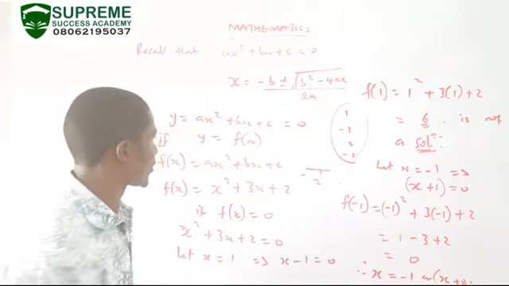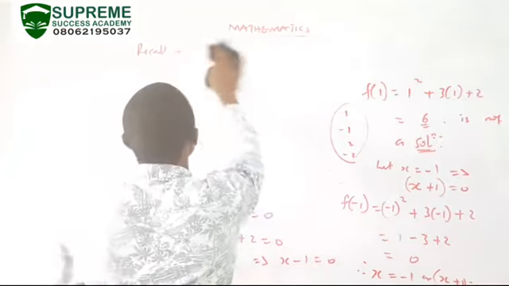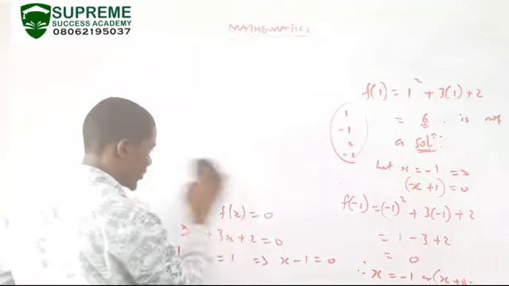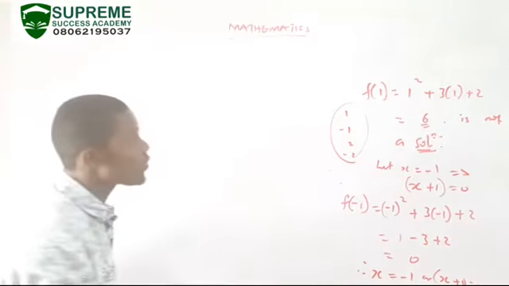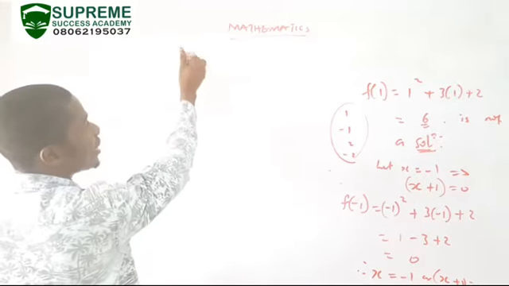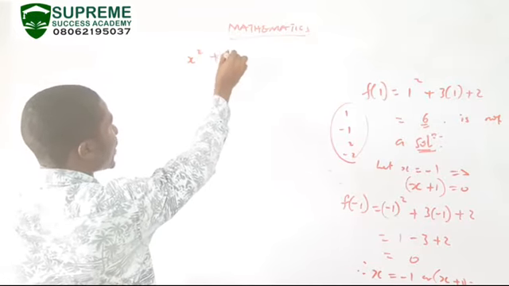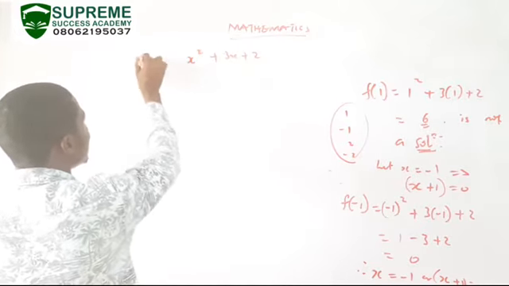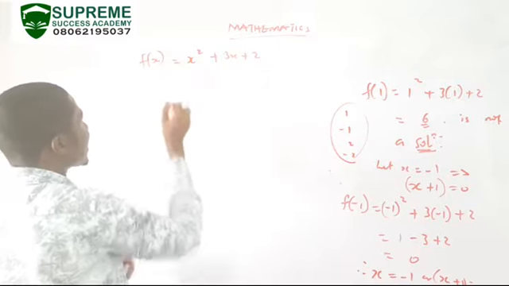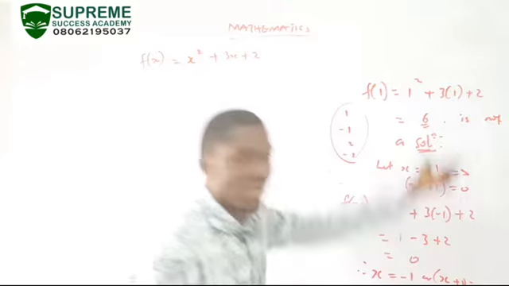Now, how do you get the second factor? Look at it. You remember in your primary school or secondary school, you were taught the long division method. If you have x squared plus 3x plus 2, and you are saying that one of the factors is x plus 1, how can you remove x plus 1 out?